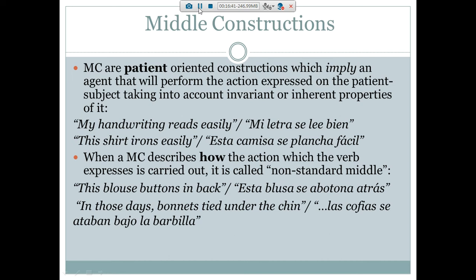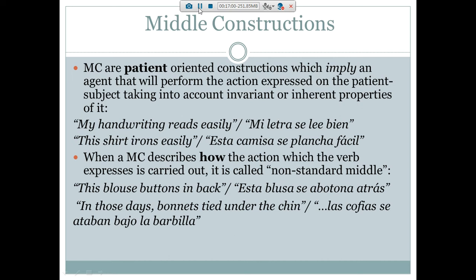So, if I say something like, my handwriting reads easily, translated into Spanish as, mi letra se lee bien, en las dos lenguas es un caso de construcción media, what is it that I mean by patient-oriented?